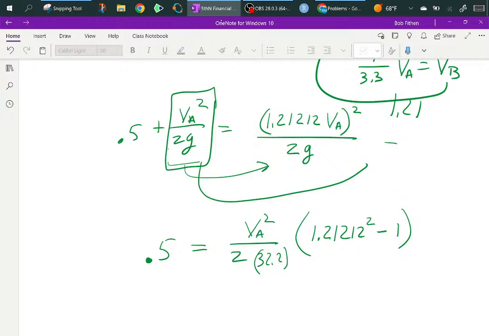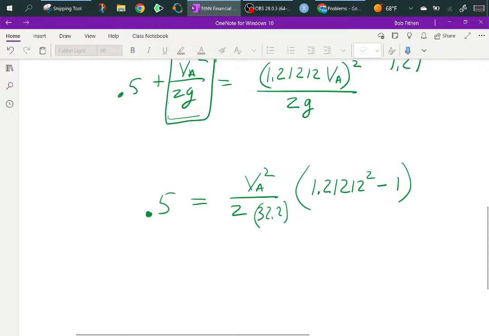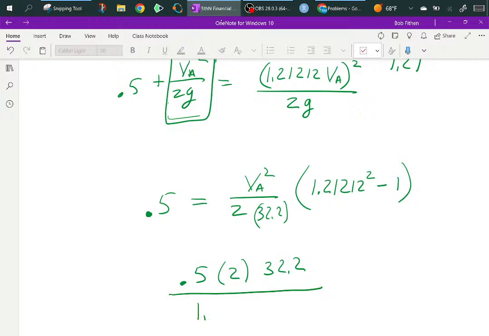And so, okay, now I've got to take the 0.5 times 2 times 32.2. And notice I'm trying to write it so that I can get a good picture of it. 1.21212 squared minus 1.